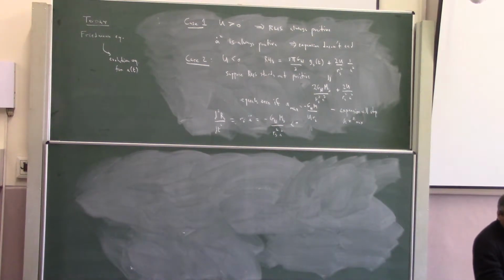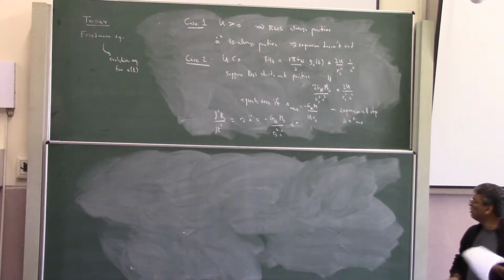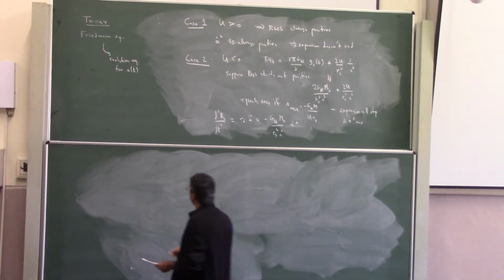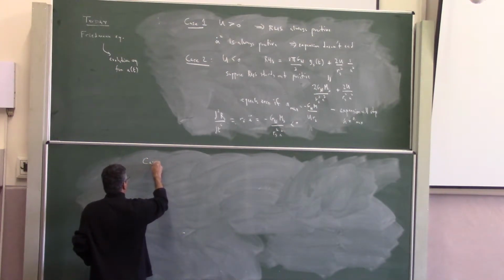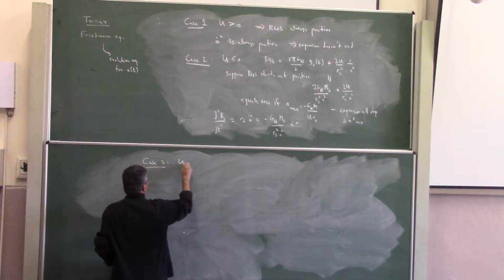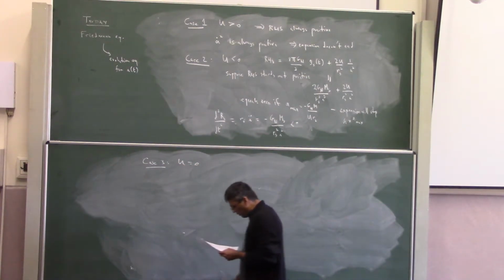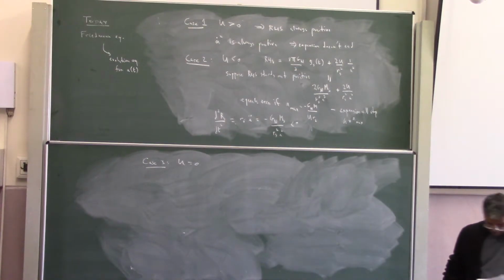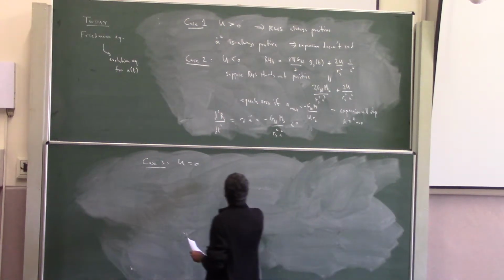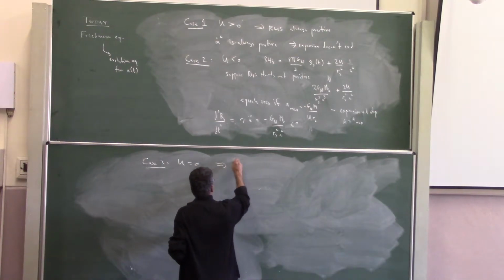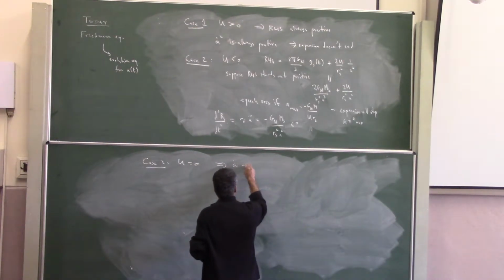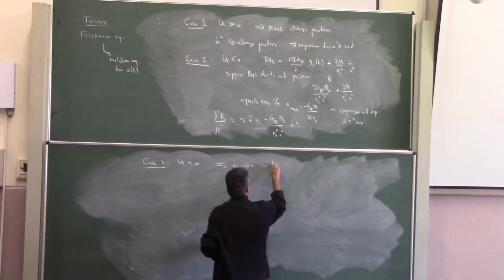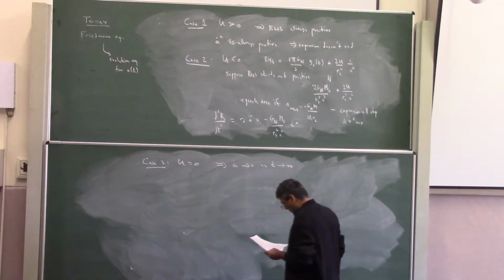That's case 2. Case 3 is u equals 0. So u is neither positive nor negative. If u equals 0, this means that A dot will go to 0 as t goes to infinity.